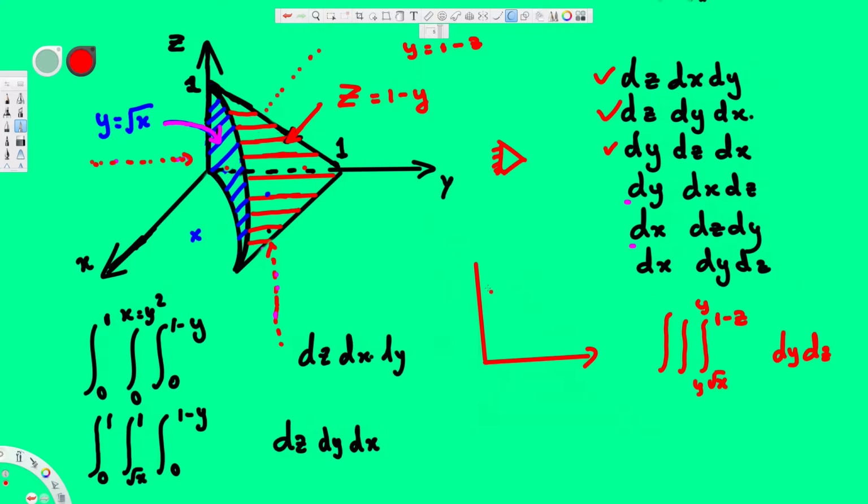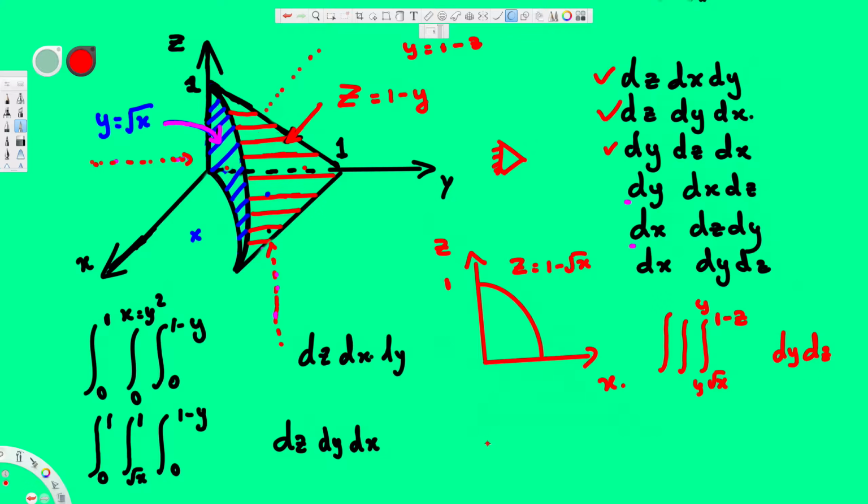Also, through the equation, we have z is equal to 1 minus y, and we know that y is equal to square root of x. So we get 1 minus square root of x, and that graph looks like this. This is 1, this is our y-axis, this is our z-axis, and this is our x-axis.